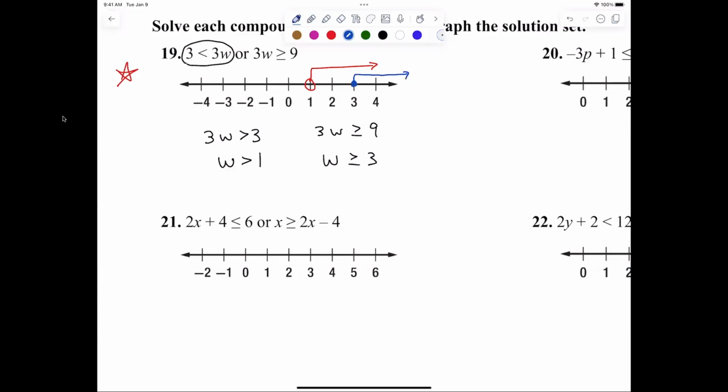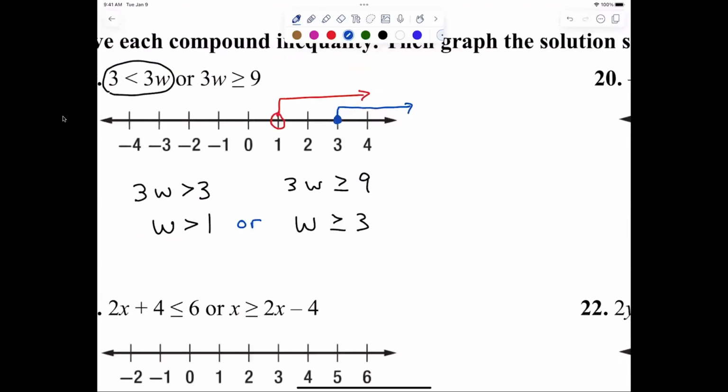Now, it says this is an OR statement. I was going to omit this, but you're smart enough to think about it. What numbers are greater than 1 or greater than or equal to 3? Think about this before. Listen to what I'm saying now.